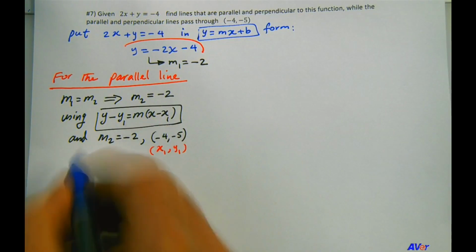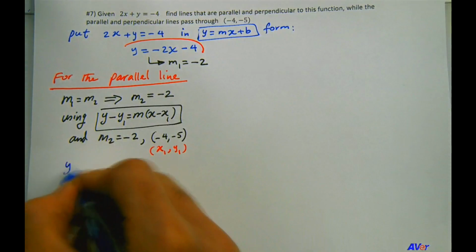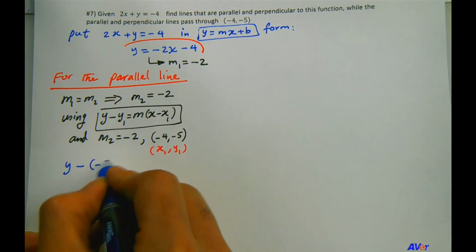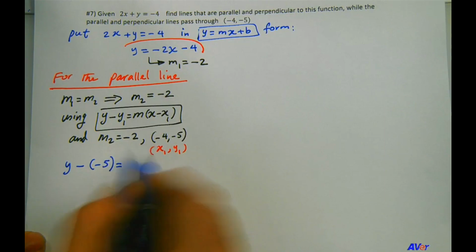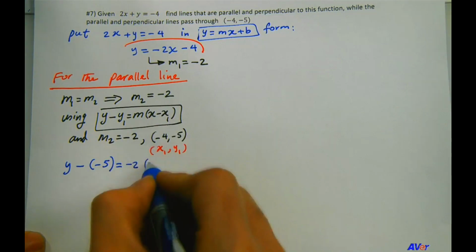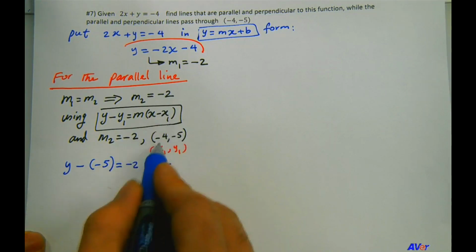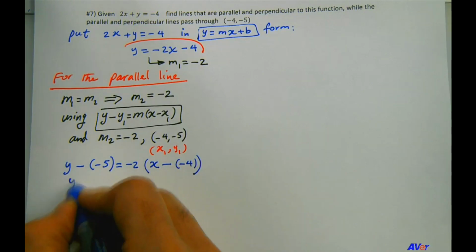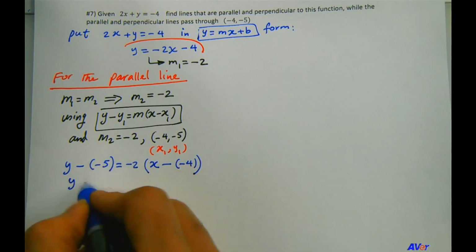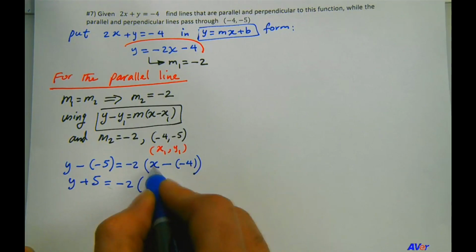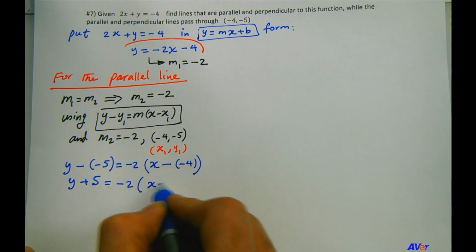Okay, so now we can plug in y minus y1, which is minus 5, equals m, which is negative 2, times x minus x1, which is minus 4. So let's simplify. Minus minus 5 is positive 5, minus 2 times x minus minus 4, that's x plus 4.